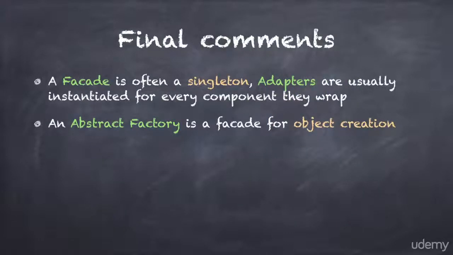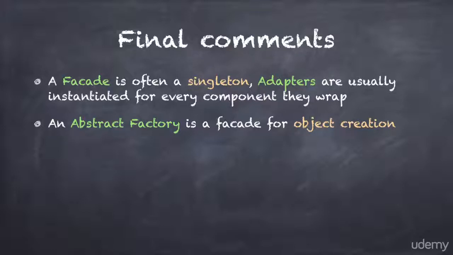Another difference is in instantiation. A facade is often a singleton because it wraps one subsystem, but adapters are usually instantiated for every component they wrap. And finally, consider this scenario. You have a subsystem for creating sets of related objects.